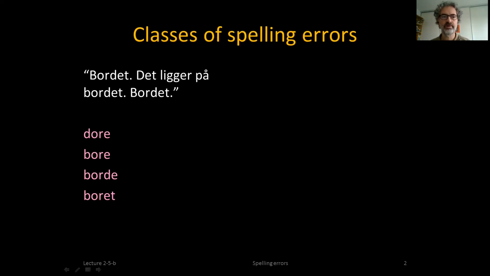Or of course, someone may actually produce the only one conventionally correct form. So if you were scoring a spelling test, this would get 1 point, and all of these would get 0 points. And that would be fine as long as you're only interested in the overall level of spelling development.